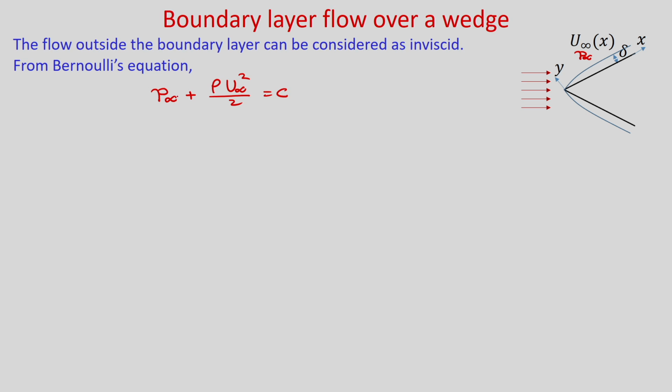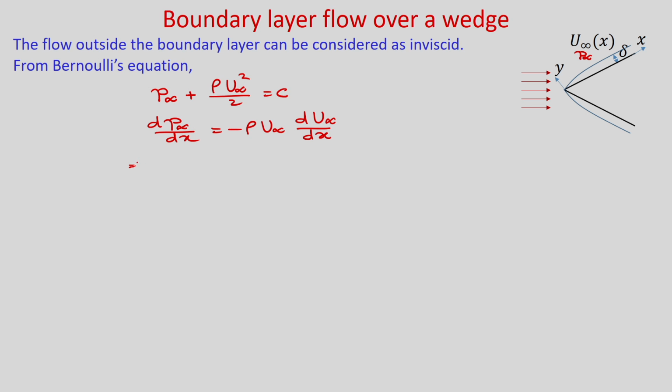So, this is the Bernoulli equation. Now, we can write dP infinity by dx is equal to minus rho u infinity du infinity by dx, because u infinity is a function of x.